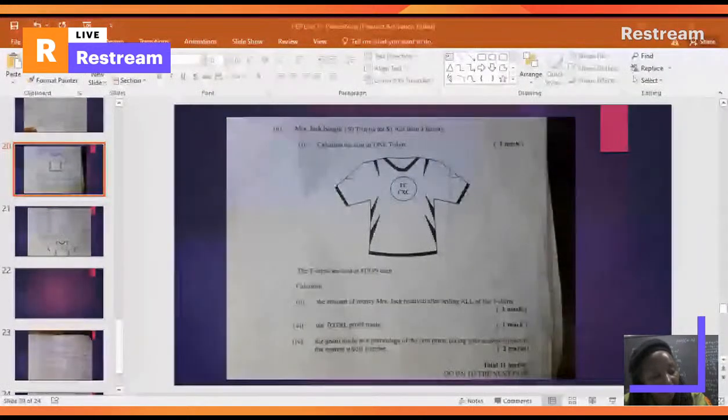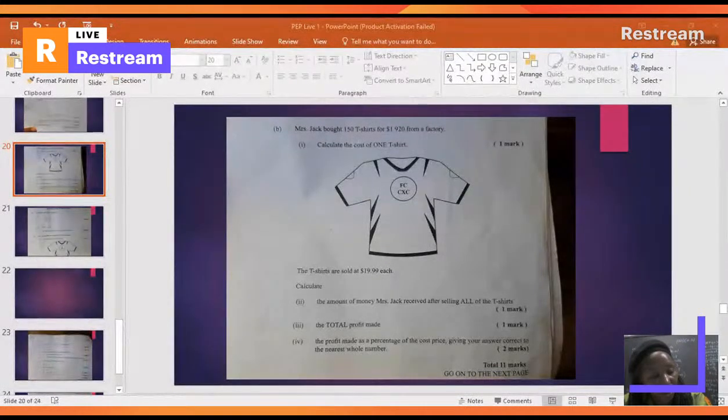So that's part 3, where it says the total profit made would be the difference between what she's selling it for and what she paid for it. And that is $1,078.